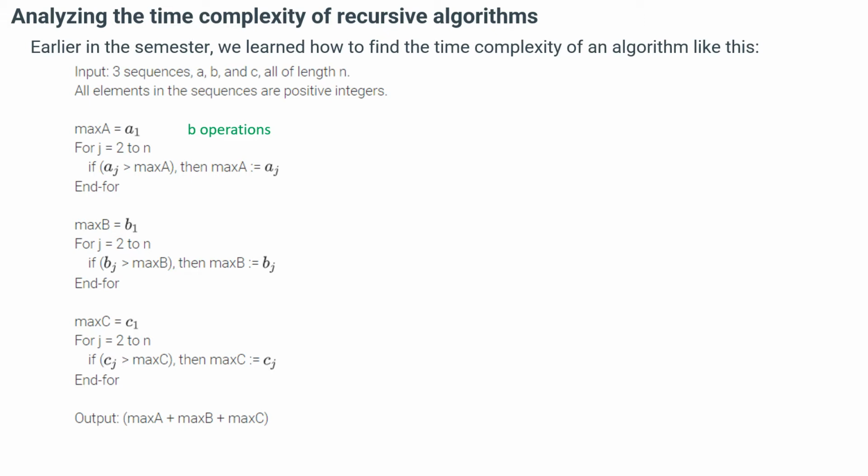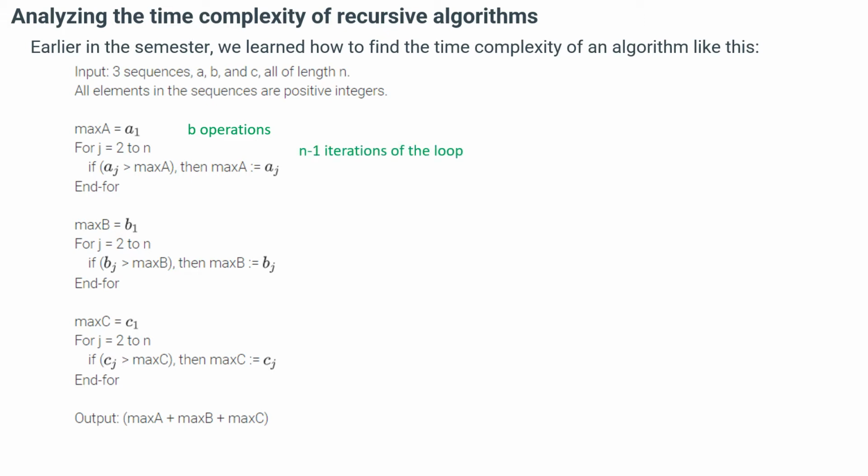In this case, n is the length of those sequences. If it doesn't depend on n, then we don't care if it's a 1 or a 2 or a 5. It's some constant. It's just that it doesn't involve n. So we'll just call this one B operations, as a constant, okay?